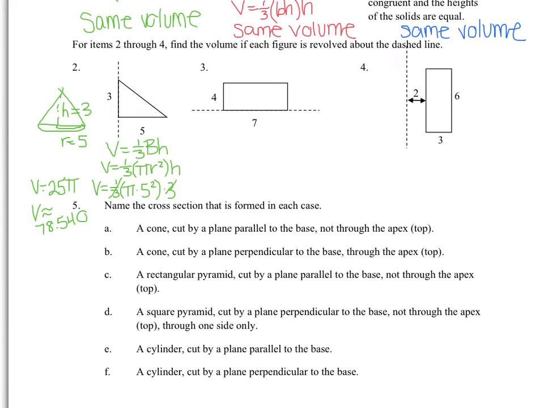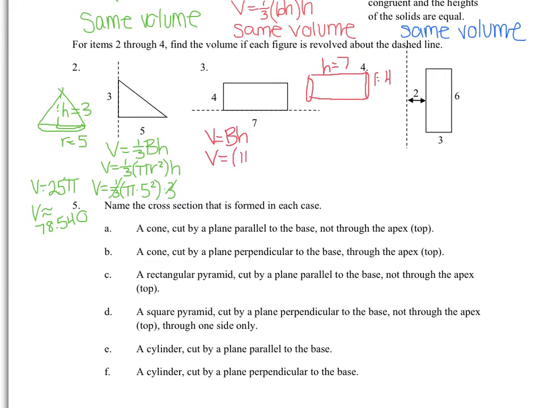For 3, we're rotating it around a horizontal line, which is going to end up giving us a cylinder that's on its side. Well, the radius of the cylinder is going to be 4, and the height of this cylinder is going to be 7. So we're going to do volume equals the area of the base times the height.